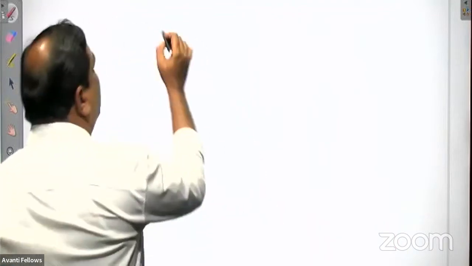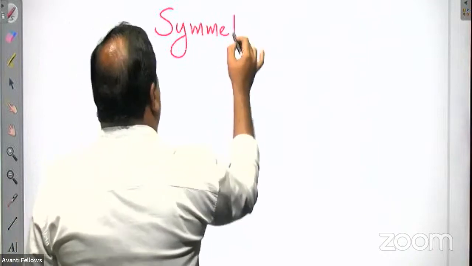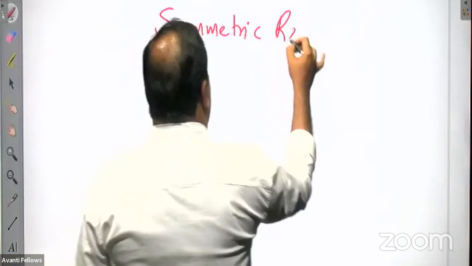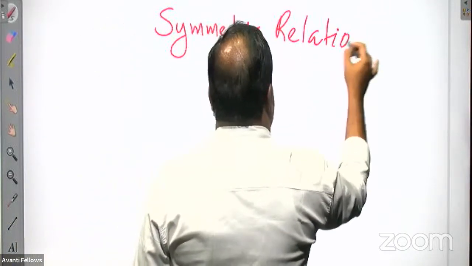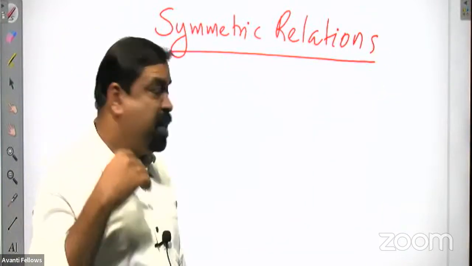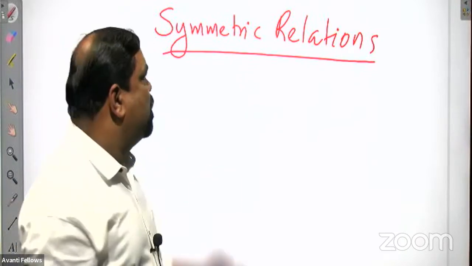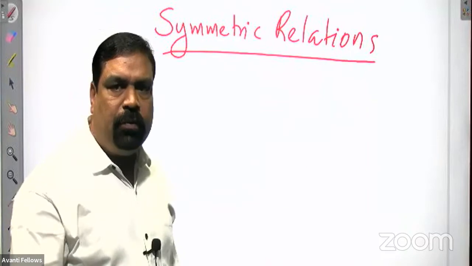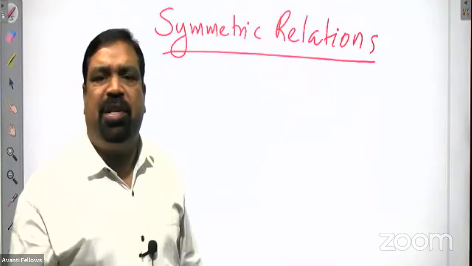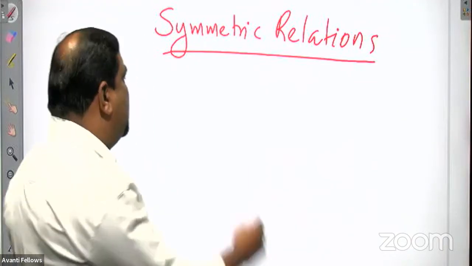Okay, now come to the symmetric relation. All these definitions you must have already studied, I'm just recalling. So symmetric relation. When we say that a relation is symmetric, the definition is like this.